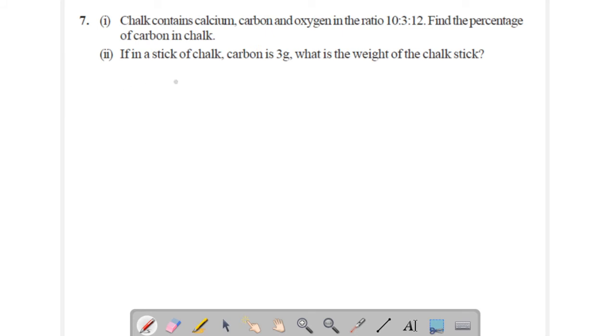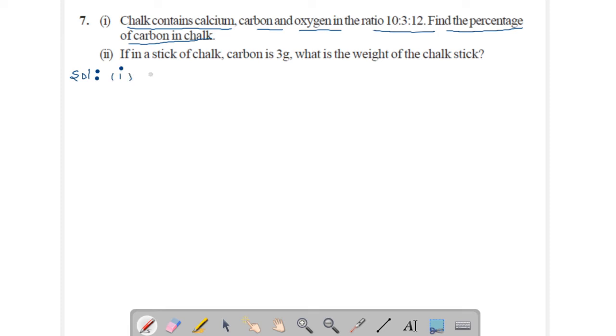Now come to question number 7. See first part. Chalk contains calcium, carbon and oxygen in the ratio 10:3:12. Find the percentage of carbon in chalk. See solution. First part.